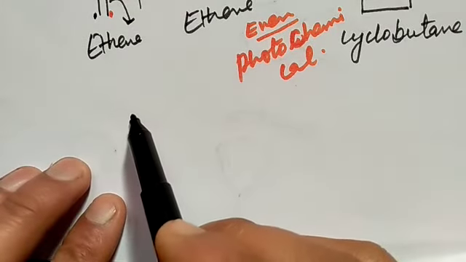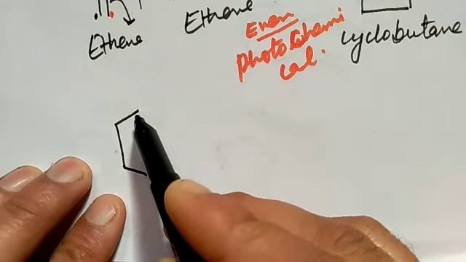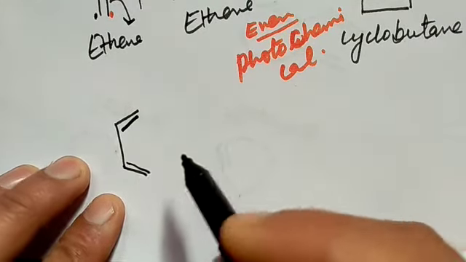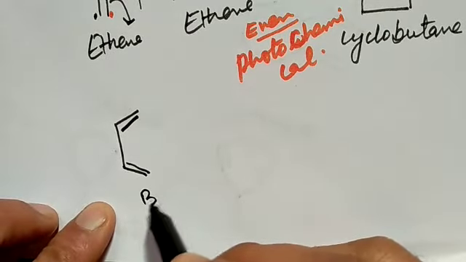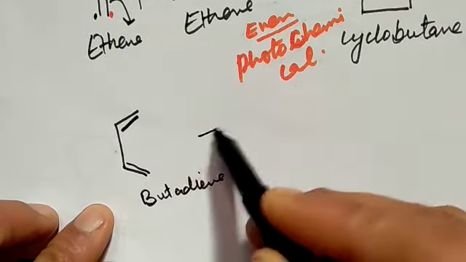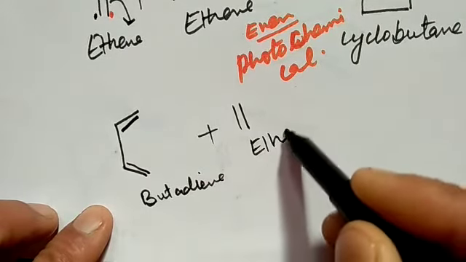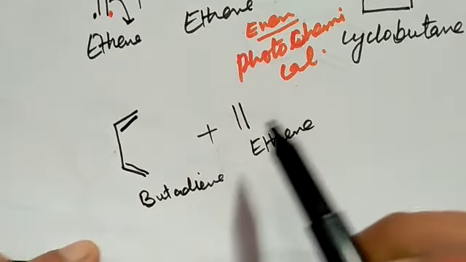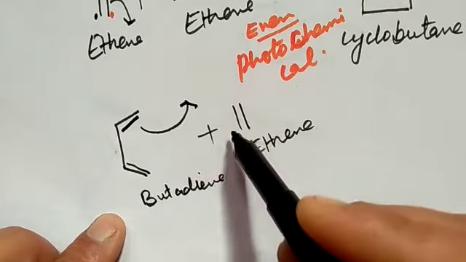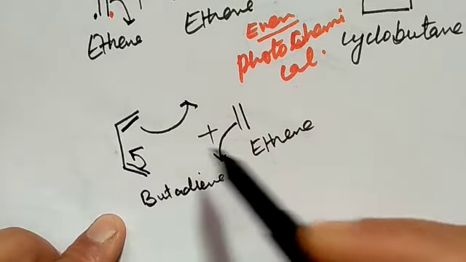We take another example. This is butadiene. This is ethene. Now what happens? These electrons shift to this side, these electrons shift to this side, and these electrons shift to this side.